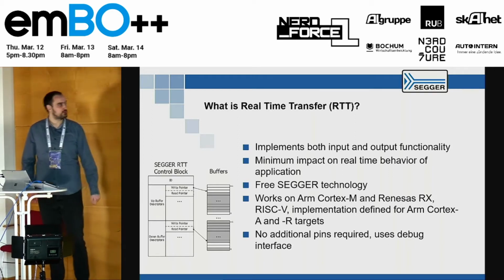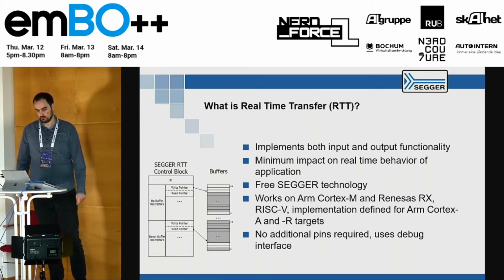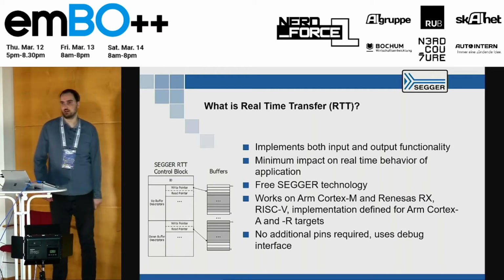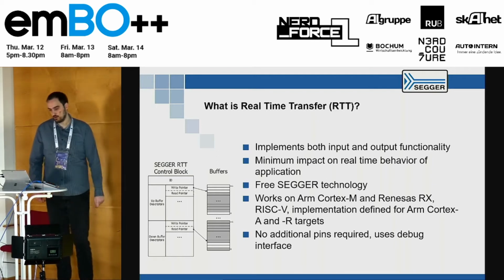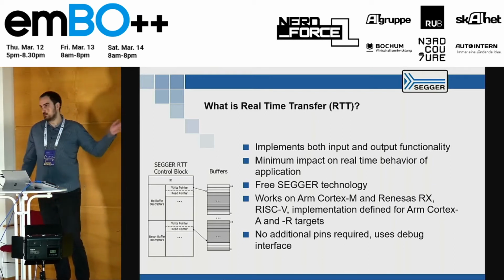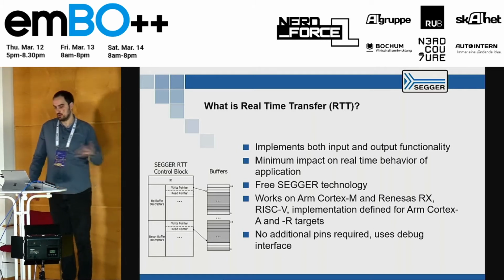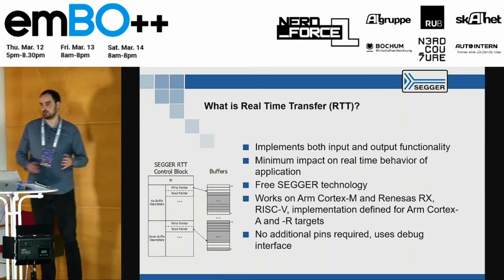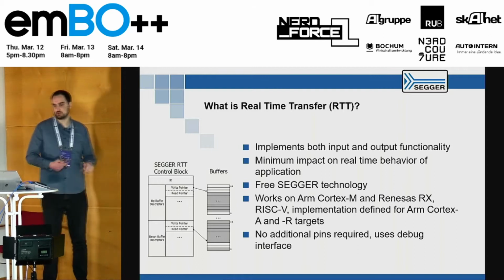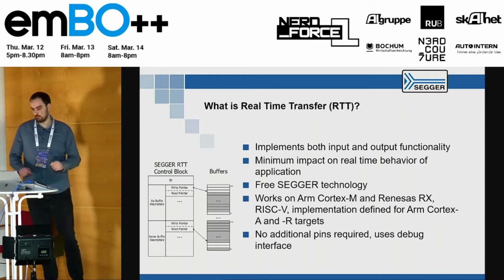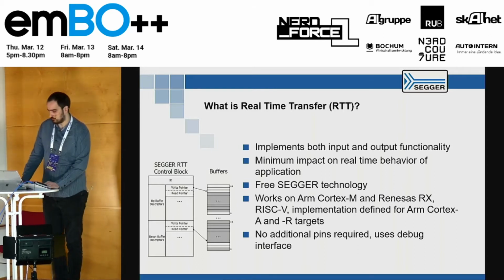So if you're looking into RISC-V, this also works here on most implementations, and it's implementation defined on Cortex-A and R targets. The great thing is we don't need any additional hardware pins that we usually would need for hardware tracing, but we just use the debug interface, so be it JTAG or SWD, so no extra pins, it's just a standard debug interface.